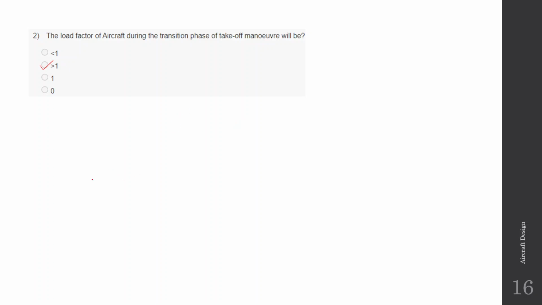So this means that if you consider an aircraft during takeoff, it will accelerate from here to here, and then it will pitch up like this until it clears a 50-foot obstacle. When it clears 50-foot altitude, then the aircraft is said to have taken off.